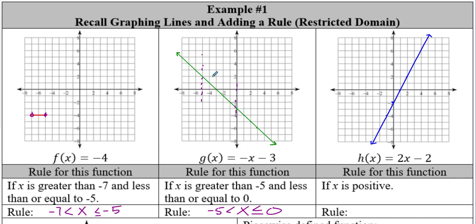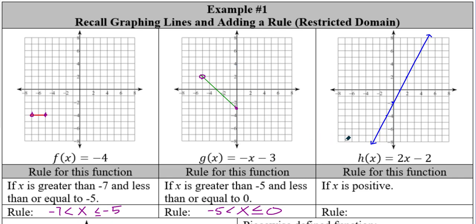So this is the only piece of the graph I want. So at negative 5, I'm going to use an open dot. And then at 0, I'm going to use a solid dot. And then I'm going to erase the rest of this graph right here. So if you're going to be doing erasures like this, make sure you draw lightly so it's easy to erase and we can see what you are talking about.